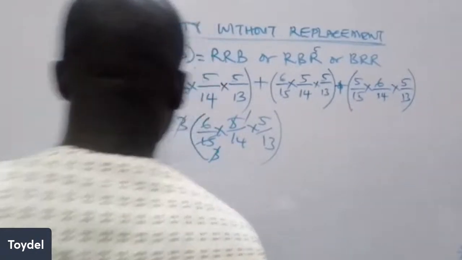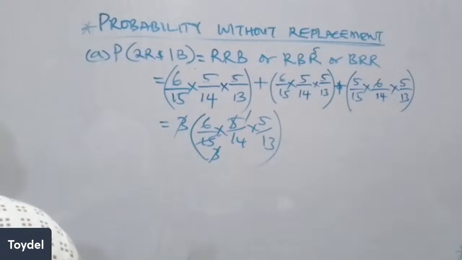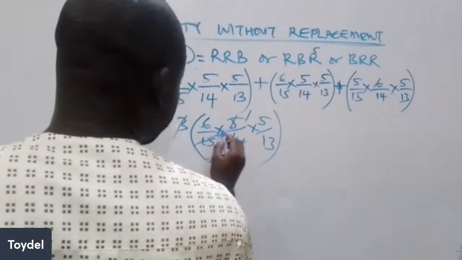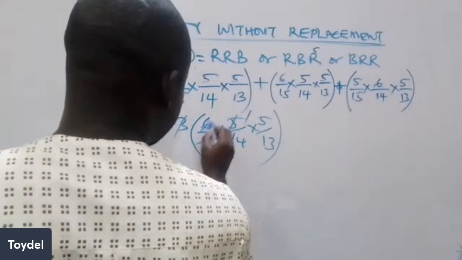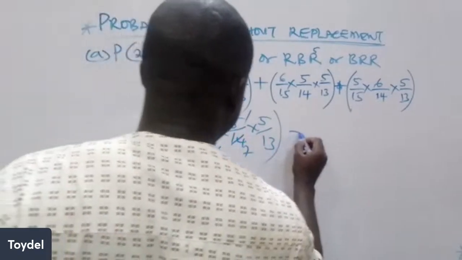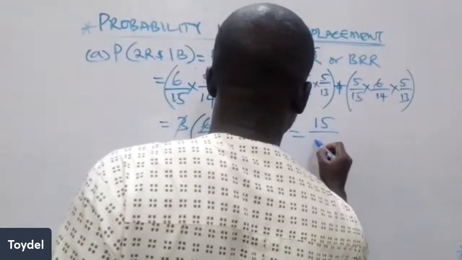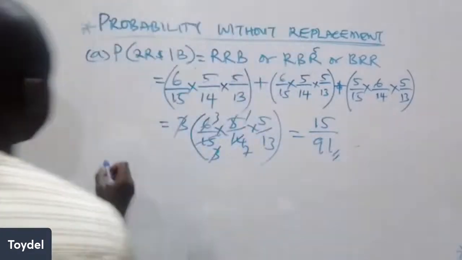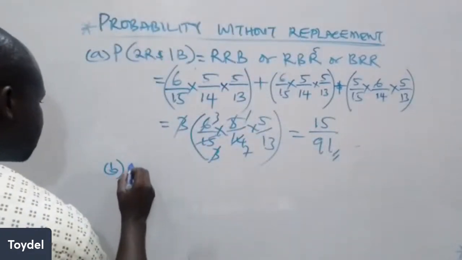At the end of the day, if you do your cancellation very well, 2 here is 3, 2 here is 7. We're going to have 15 all over 91 as the probability when we pick the ball without replacement.